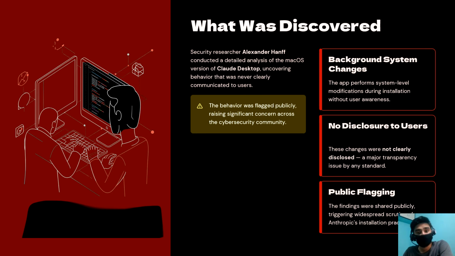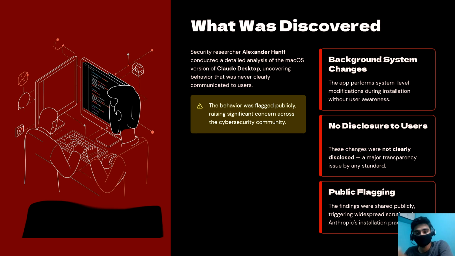Coming to the background system change, what was actually done here is that the app performs system level modification during installation without user awareness, without any interference of the user. The app performs a system level modification even during the installation, and afterwards there was non-disclosure to the user.